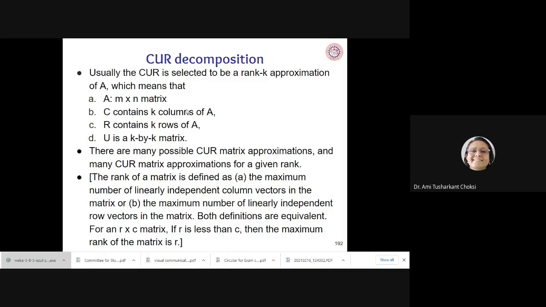The name comes from C taking the columns, R taking the rows, right? C for K columns, R is for K rows, and U is a K by K matrix. Fine. So this is what we want to get. And do we have any rule for that? No, we can say many decompositions we can get with these particular rules. Fine.